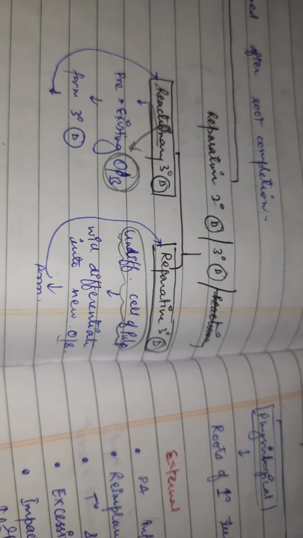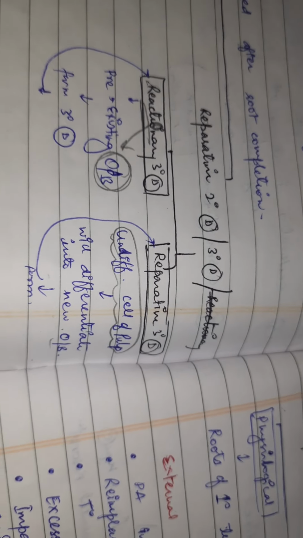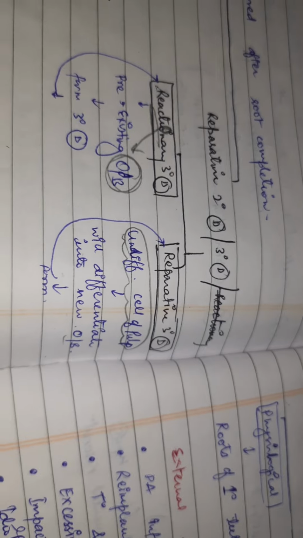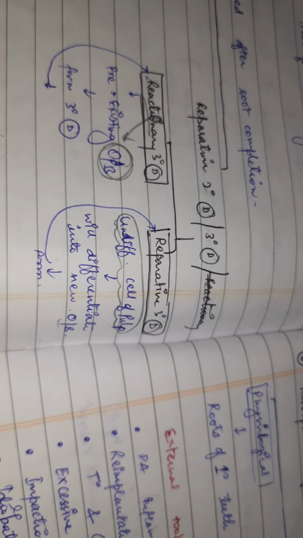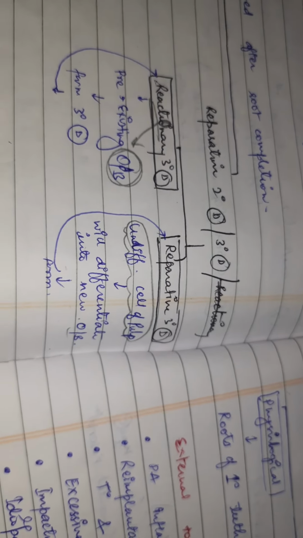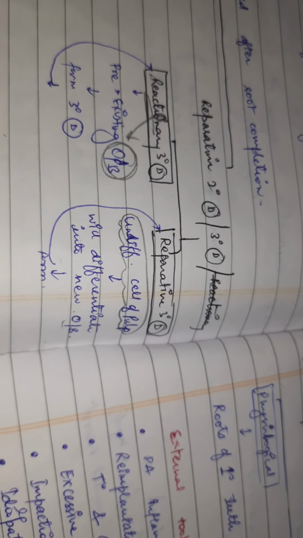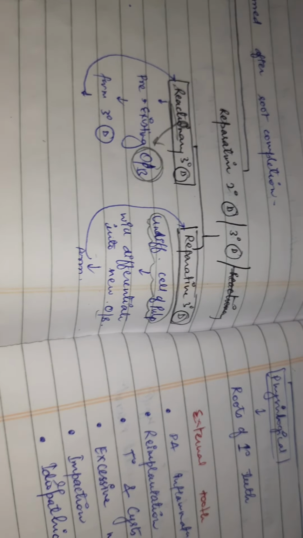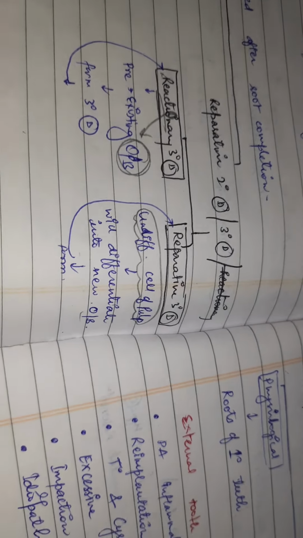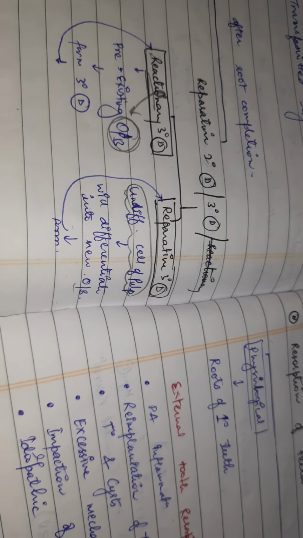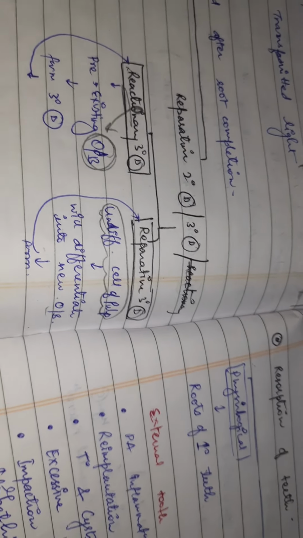In reparative dentine, undifferentiated cells present in the pulp differentiate into new odontoblasts and form reparative dentine.